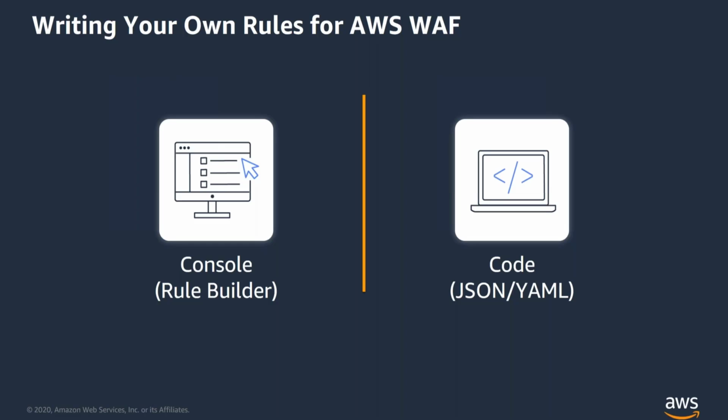Coding in JSON or YAML offers you much greater flexibility, but requires you to work in code. However, you can easily copy the code and reuse elsewhere. You can also version control so that you can roll back the changes very easily. Remember again that the rules are now live within your web ACL and are no longer referenced.